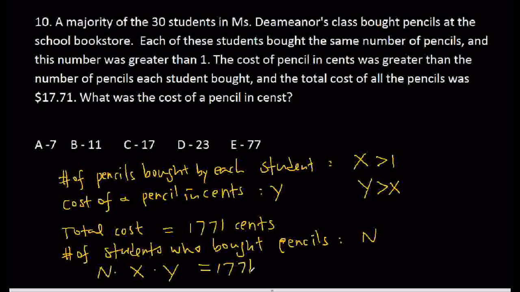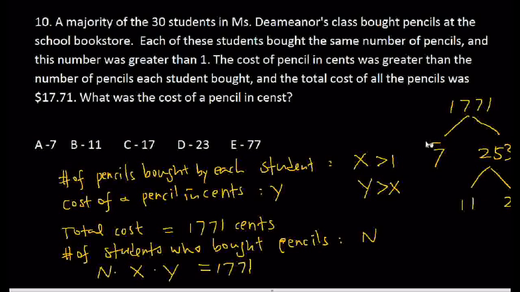So this is a problem. Let's see what the factors of 1771 are, right? Or how many factors 1771 has. It has 7, then 253. 253 has two more factors, 11 and 23.